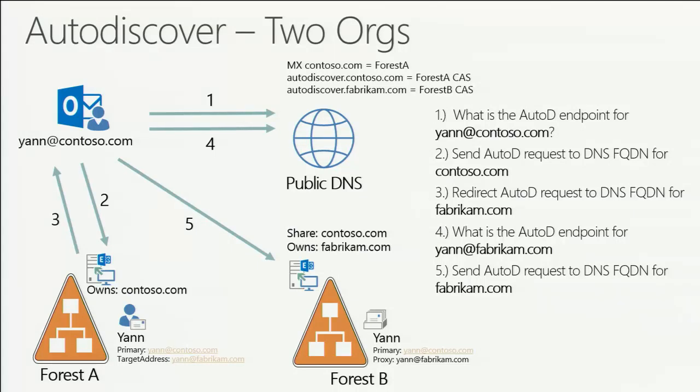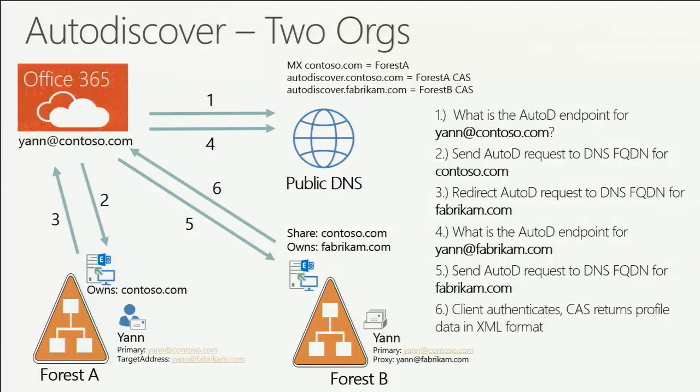What we see here, right, is how the user query process for Autodiscover can be used to determine where the mailbox resides, not where a user object resides. So if we take this concept, we can then replace that user object with Office 365. And now you understand how Office 365 queries to find out where the true mailbox home is for a user versus just a mail user which has a target address specified.